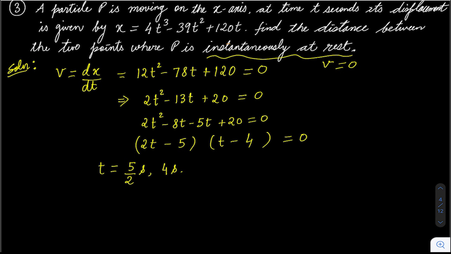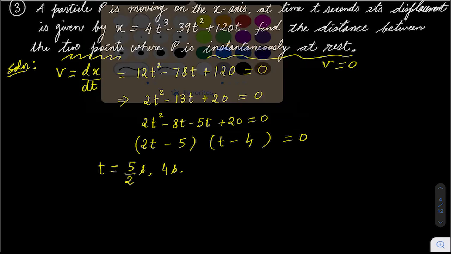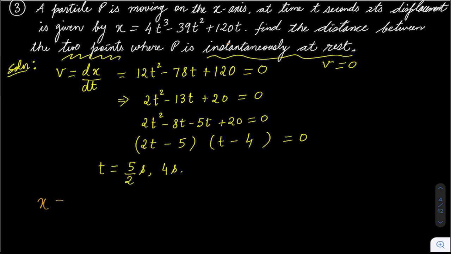Okay, we got two values. That is what we were looking for, 2 points. Now we need to find the distance between these 2 points. We have the x value: x is 4t cube minus 39t square plus 120t. So we can find out when time is 5 over 2, what is my x here?